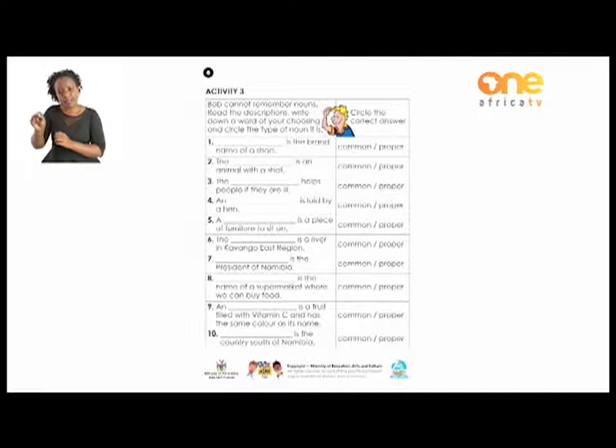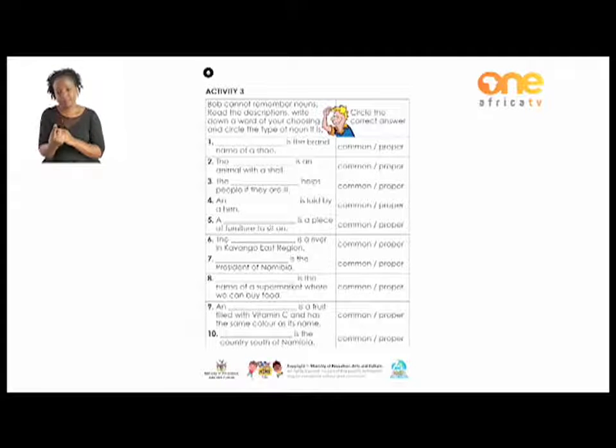Right, there's a mistake there. Where it says choosing, it's supposed to be choice, C-H-O-I-C-E. So it would read, read the descriptions, write down a word of your choice, and circle the type of noun it is. Right, I think it's clear now.